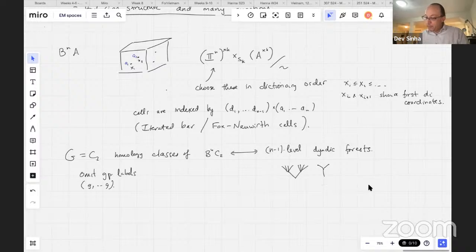And to give you an idea of how you get an actual homology class from this, I claim that if I look at the first tree, I have 4 points which share 2 coordinates. So the number of coordinates you share is given by the level there. And so that means the first, second, third, and fourth all share their coordinates.